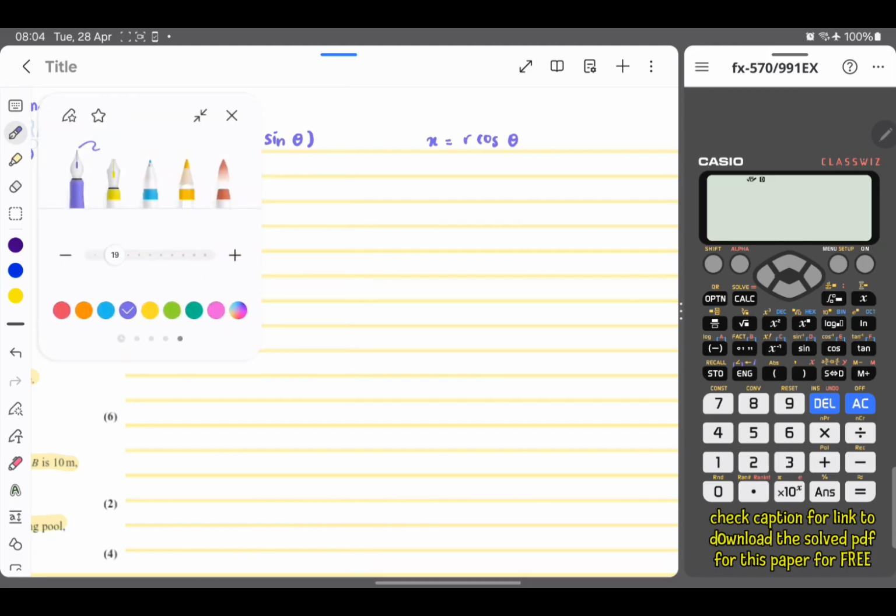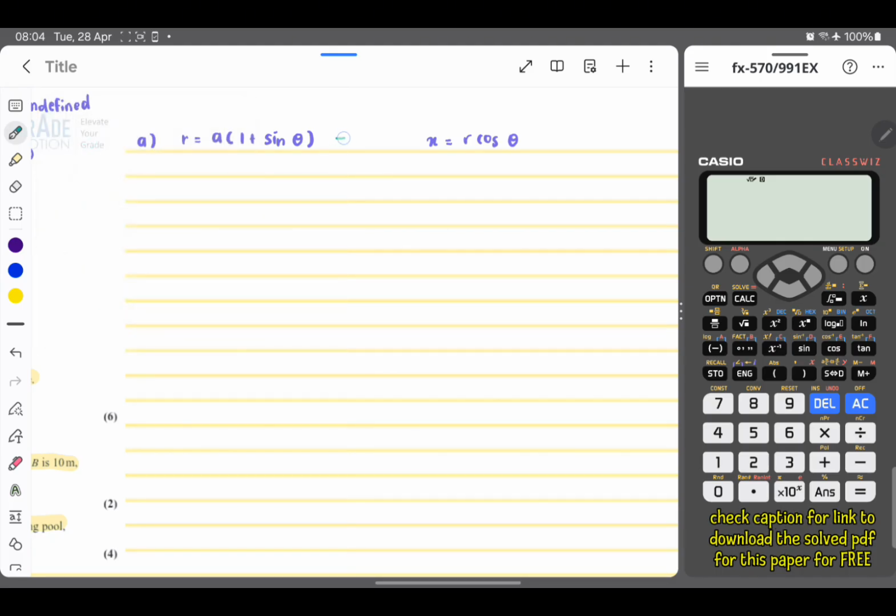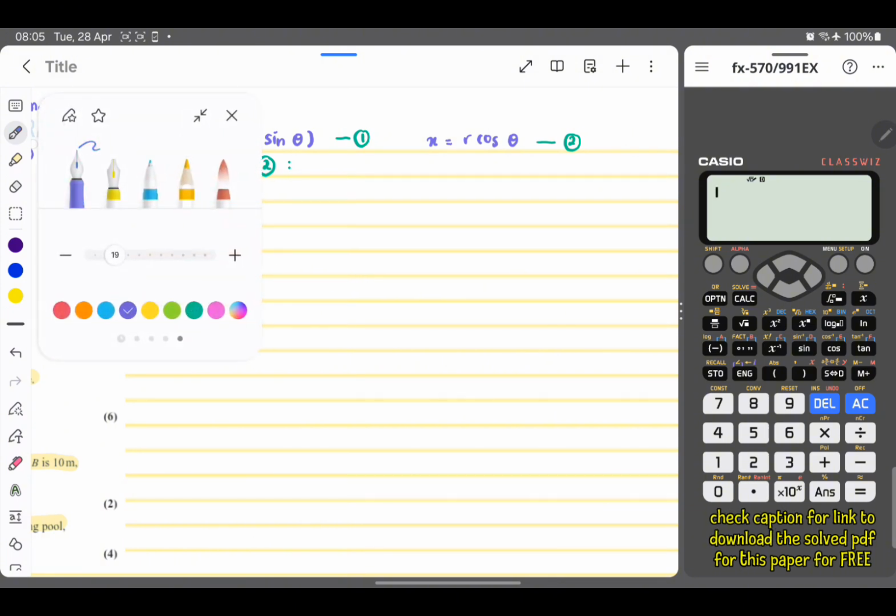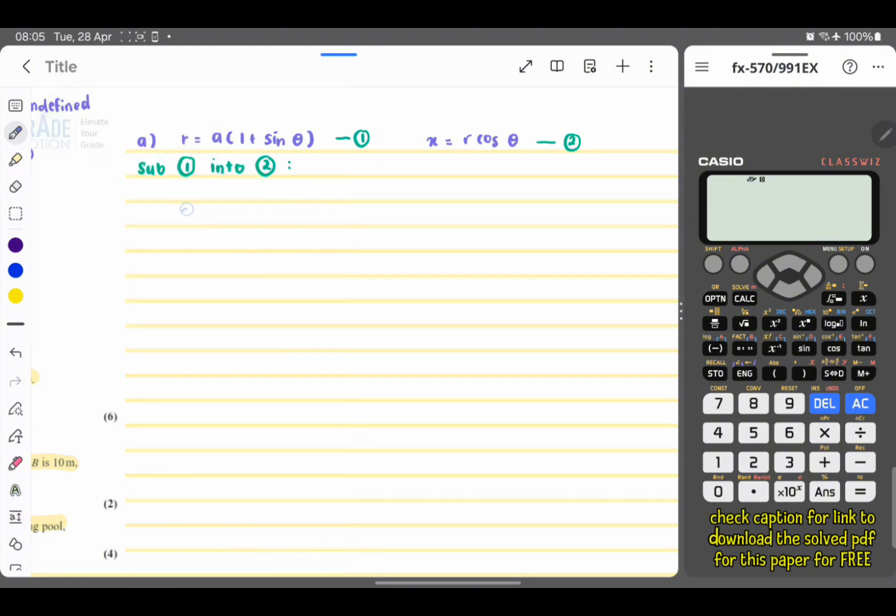Let's define this as equation 1 and this as equation 2. We will substitute 1 into 2. So we will get x = a(1 + sin θ) multiplied by cos θ.